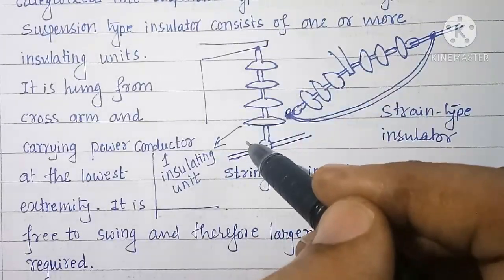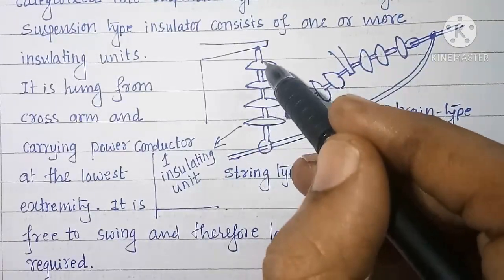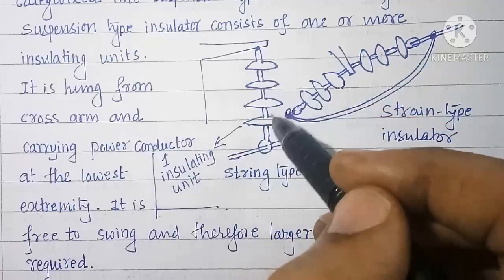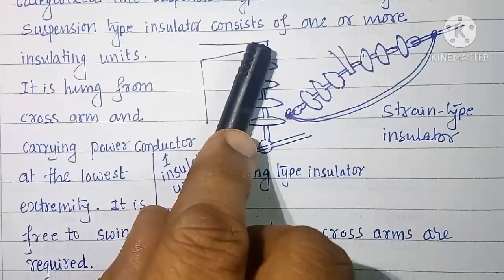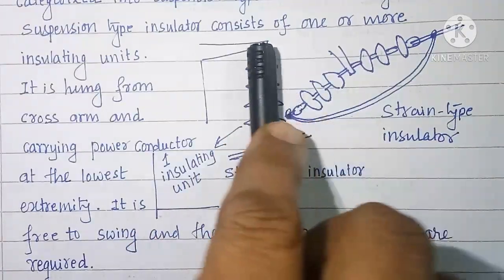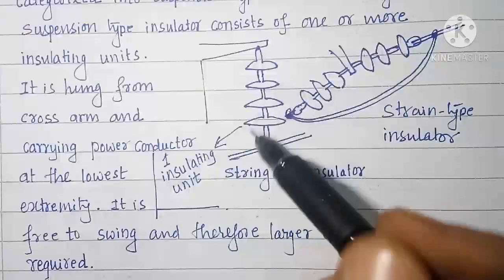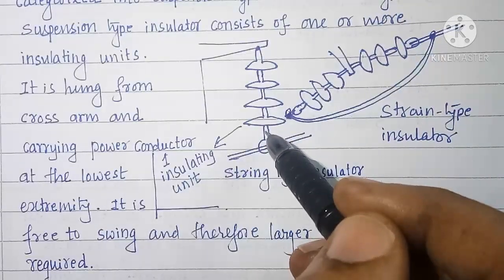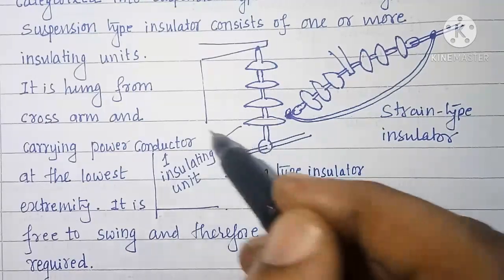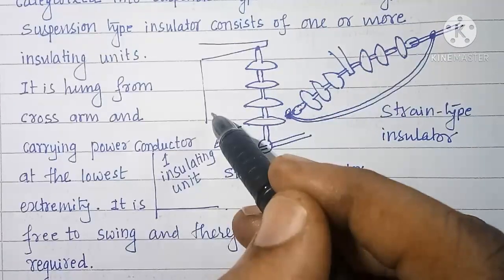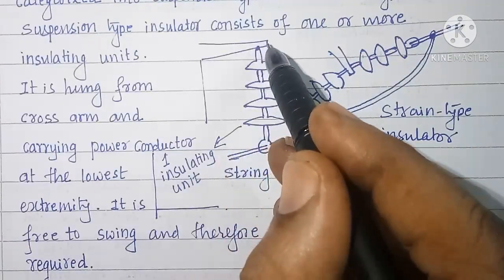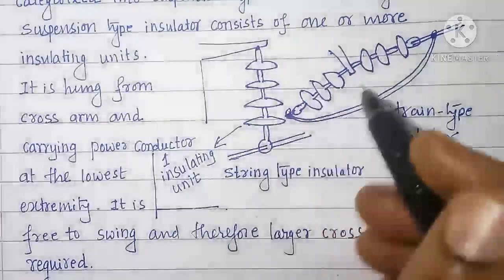See here, when wind blows, this string of insulators will start to swing left to right and right to left. During this, the conductor may come in contact with the tower here. To avoid that contact, the length of the cross arm should be increased.